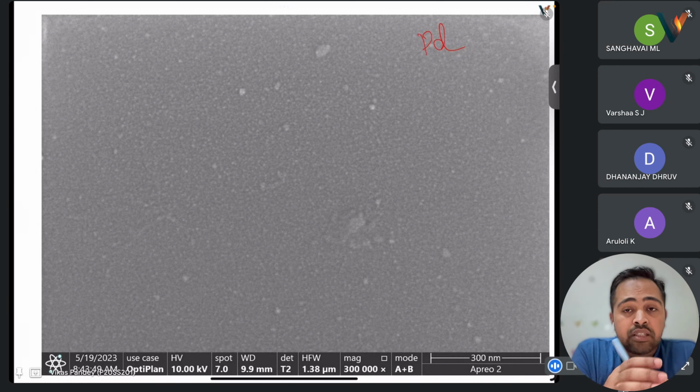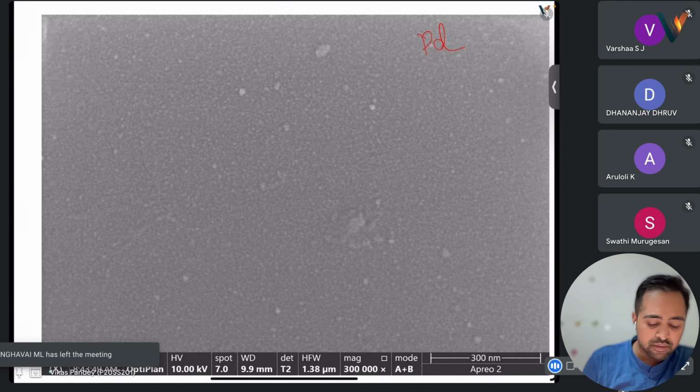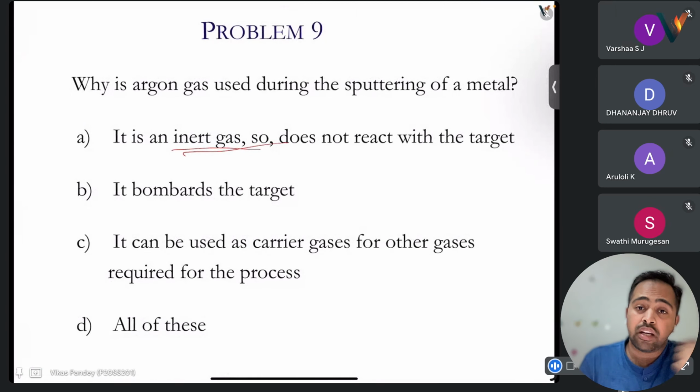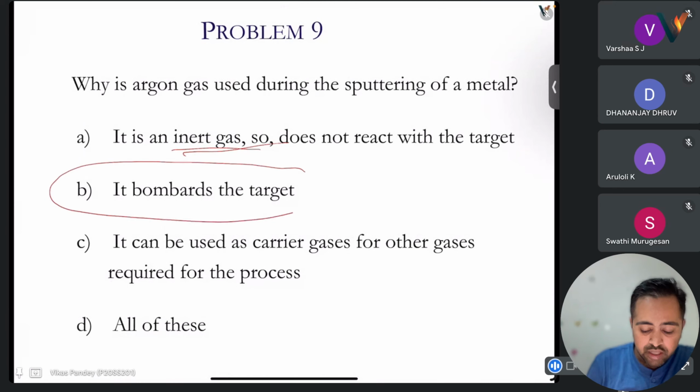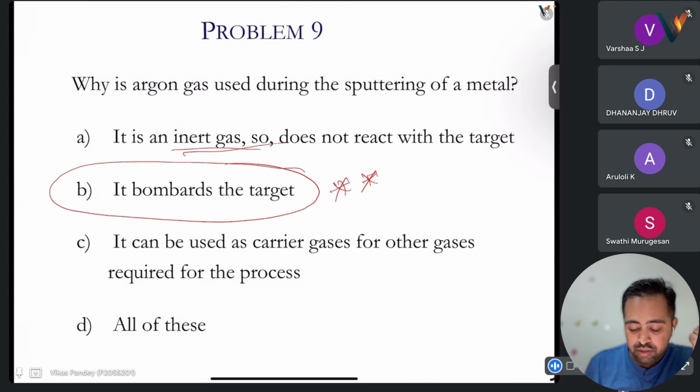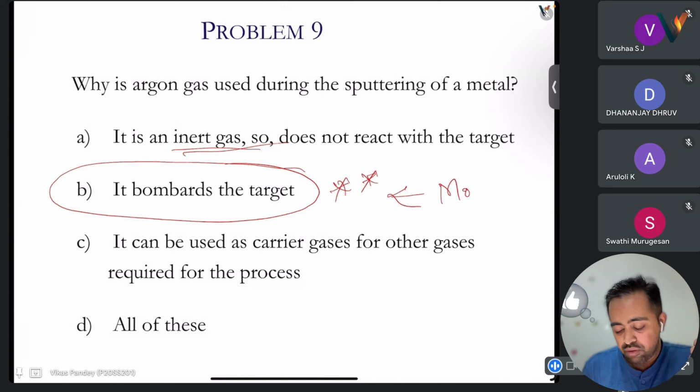That is why being inert is one of the advantages, very true, but there are other inert gases also. It bombards the target. This is one of the greatest advantages that we have with argon, and it is very well said that this is due to the molecular mass of argon.